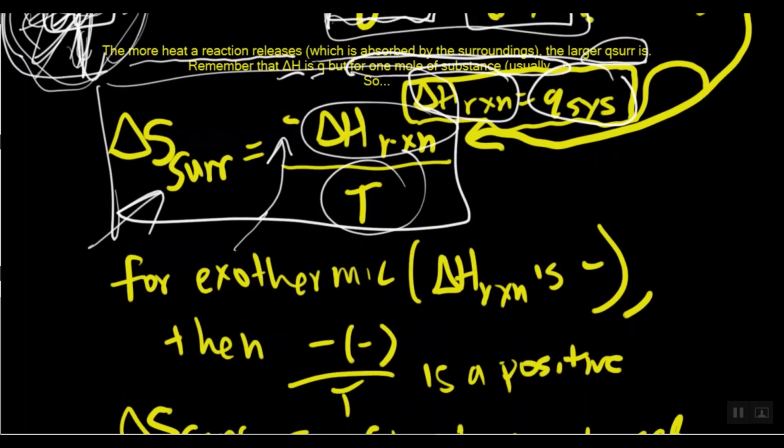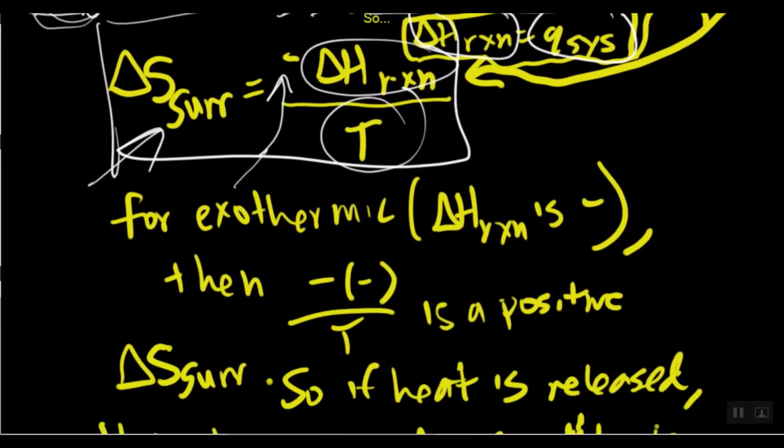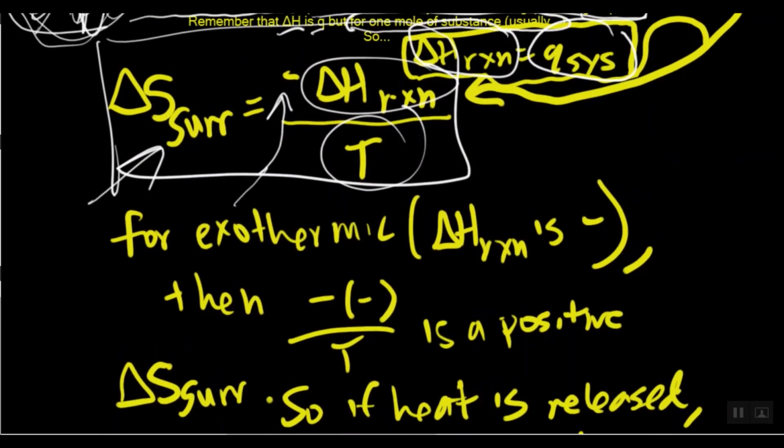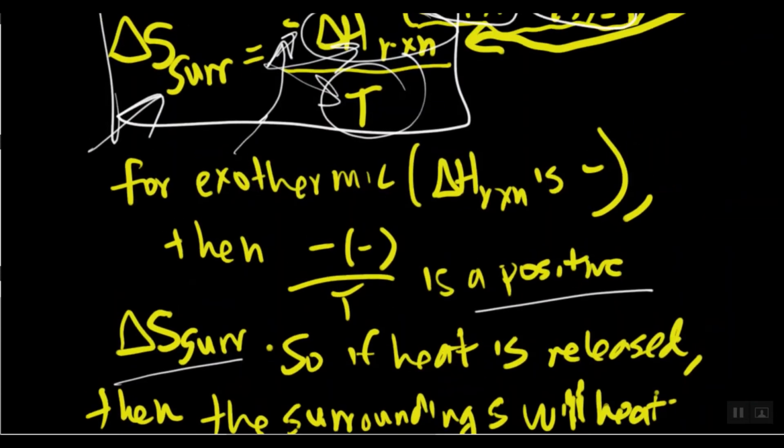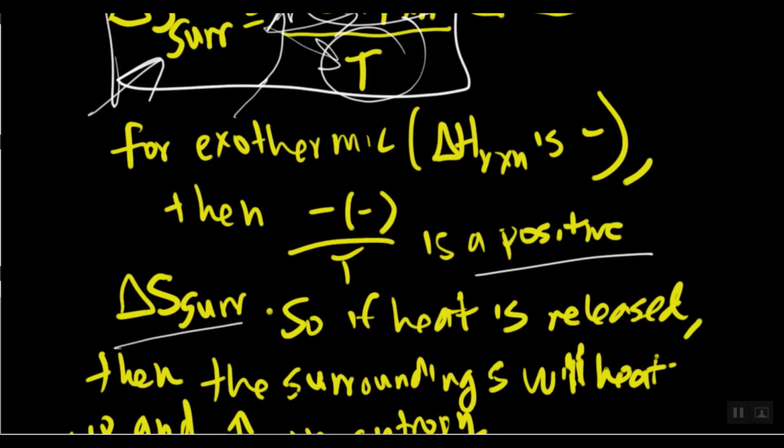Now, does this make sense? Well, sure it does. For an exothermic reaction where delta H is negative, then we will get a positive delta S of surroundings, because obviously negative times the negative delta H divided by a positive T will give us a positive number. So in this case, if the delta H of reaction is negative, the delta S of surroundings is positive.